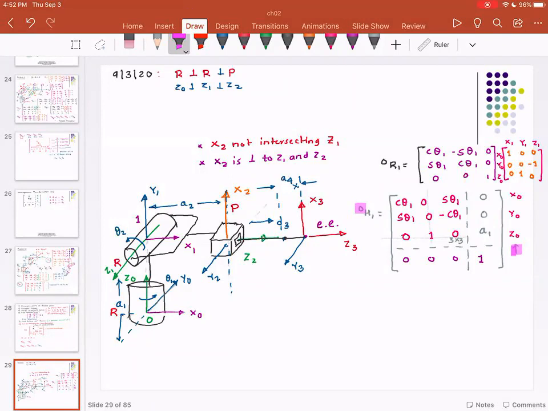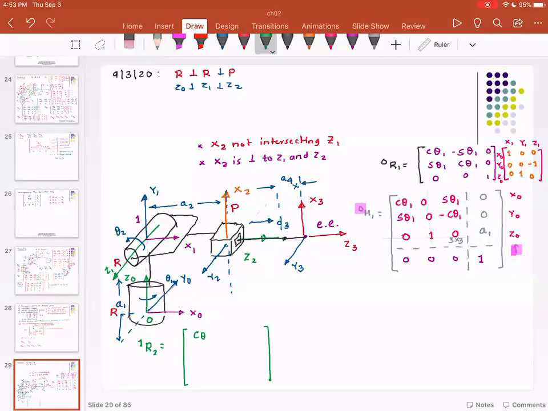Cool. Now, what I need to do now is 1R2. And for 1R2, once again, the rotation is about z1. Theta 2 is positive.